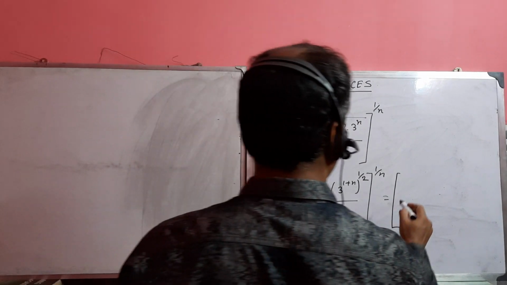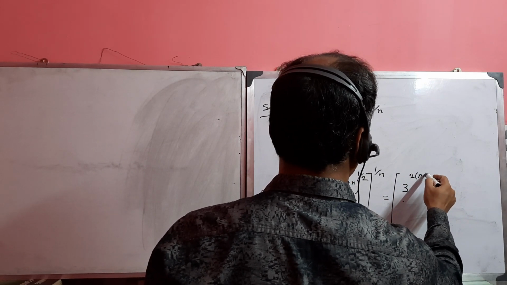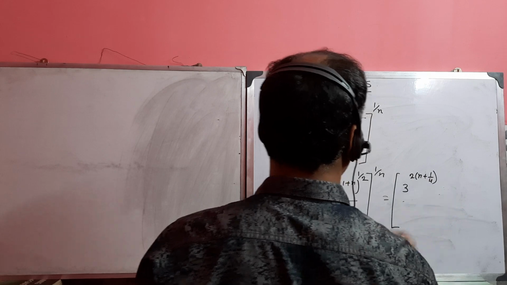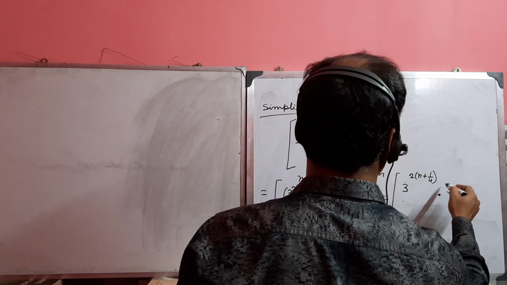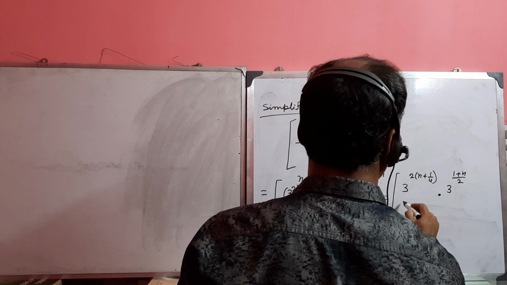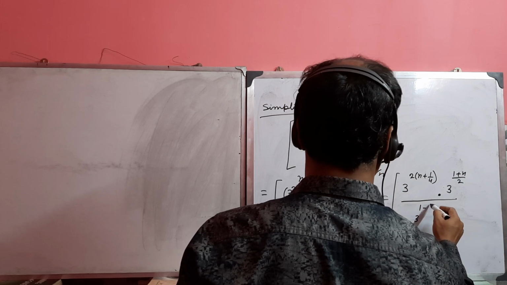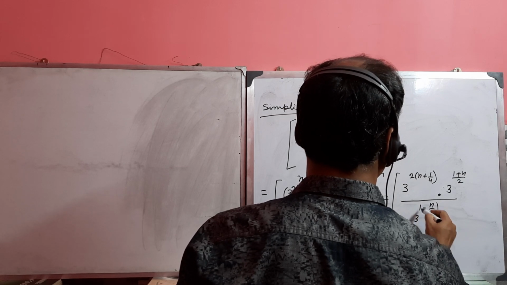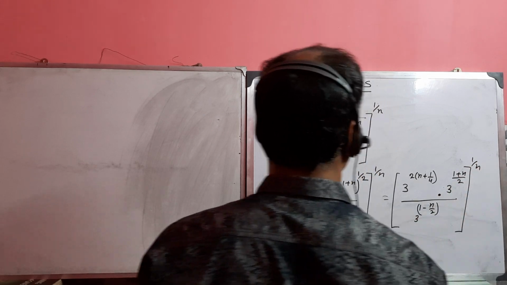Now 3 to the power 2 into n plus 1 by 4, into 3 to the power 1 plus n by 2, by 3 to the power 1 minus n by 2, whole to the power 1 by n.